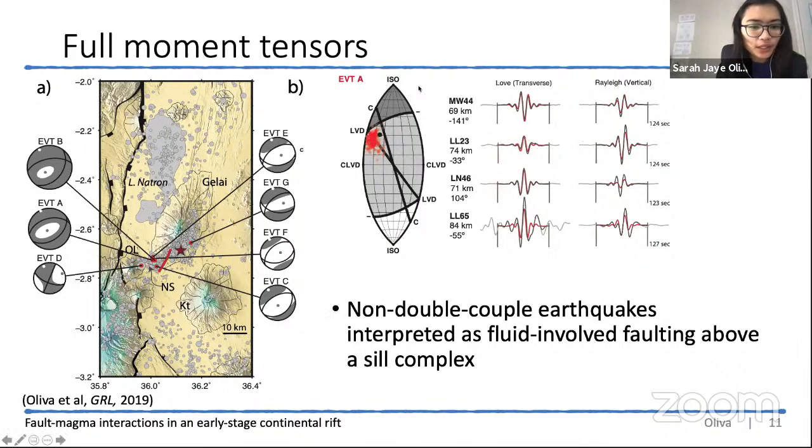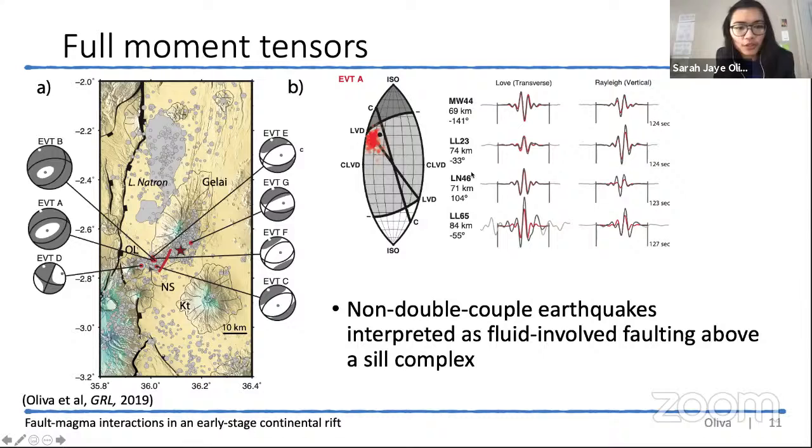And here's one way that we visualize those different source components. ISO here is the isotropic, that's at the top and the bottom of this plot. That's a volumetric component, if you remember.